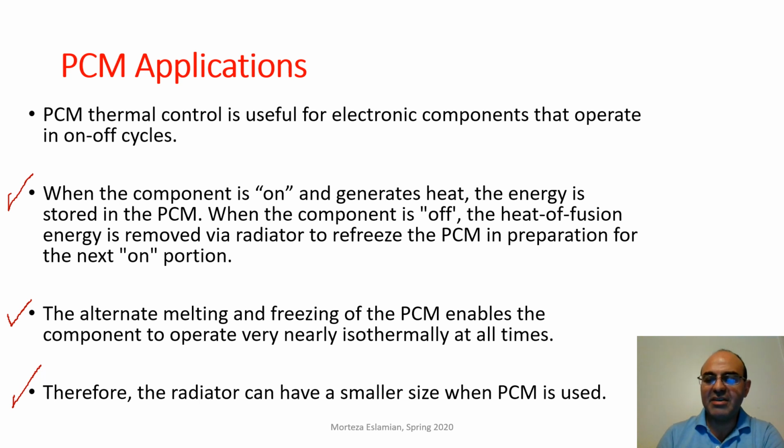Of course, there is a question of whether it is economical, because PCM is not free and it does have its own mass. So some design considerations and trade studies are needed.